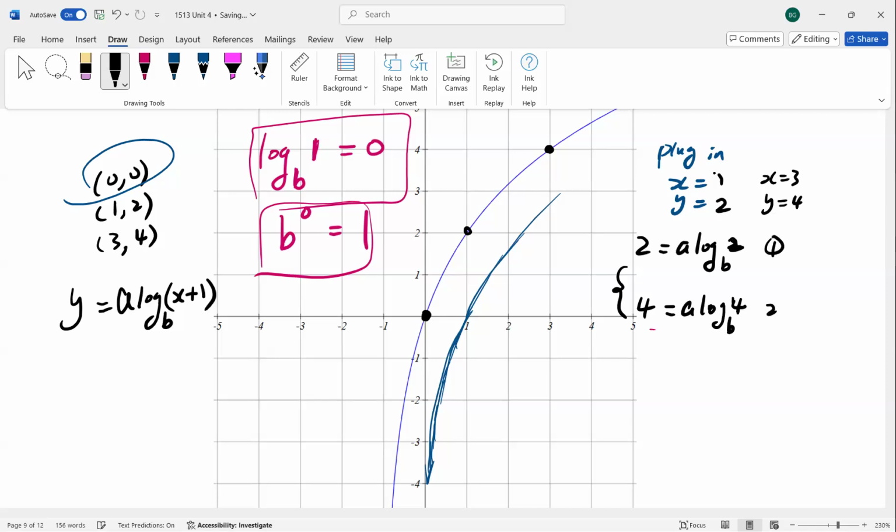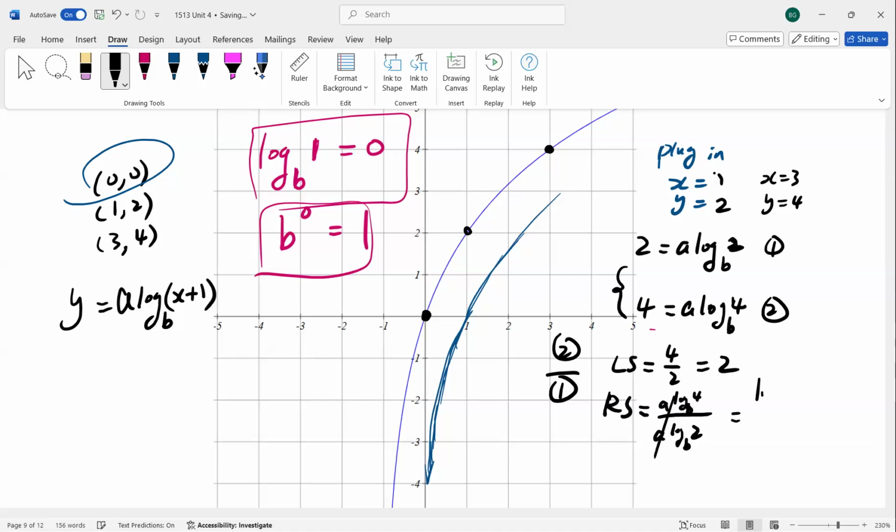And this is equation 1, equation 2. I'm going to do the same thing, 2 over 1. To the left side, 4 over 2 is 2. Right side, we have a canceled, right? A log with base b 4 and a log with base b 2. A canceled. So we have log with base b 4, log with base b 2.